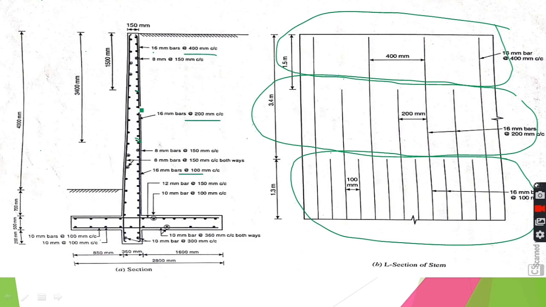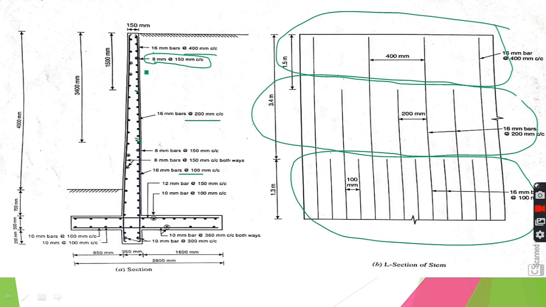This is the distribution reinforcement on the inner side, which is I think 8 mm at 150 mm center to center. When you are doing this particular detailing, you can open the table which I have summarized in the previous slide. You can cross check with that.